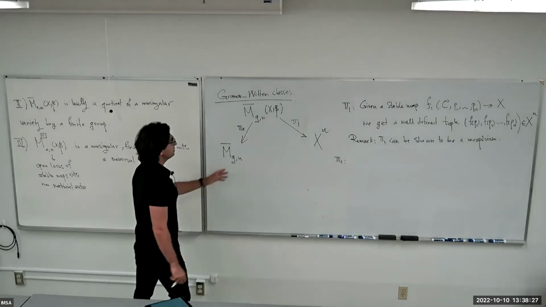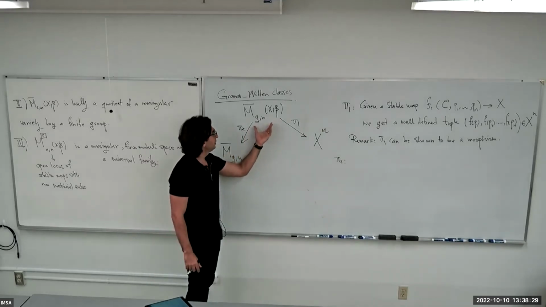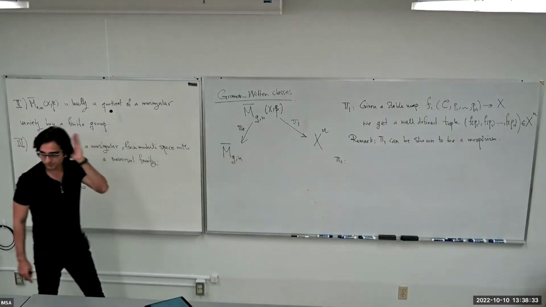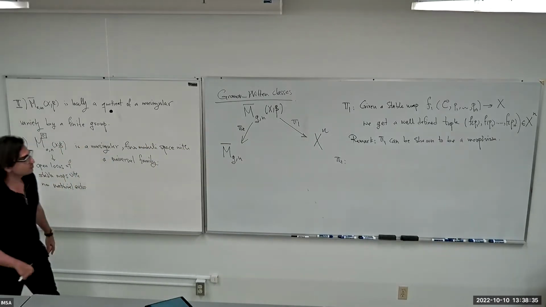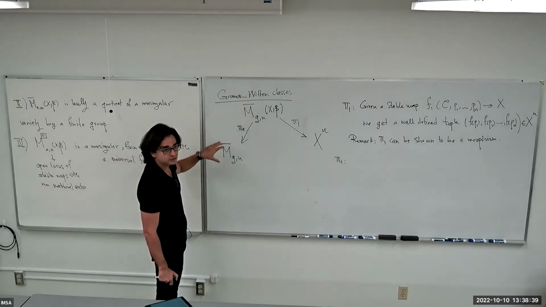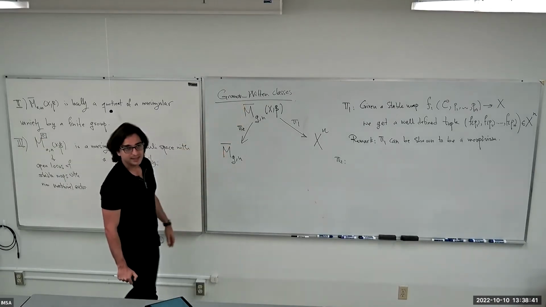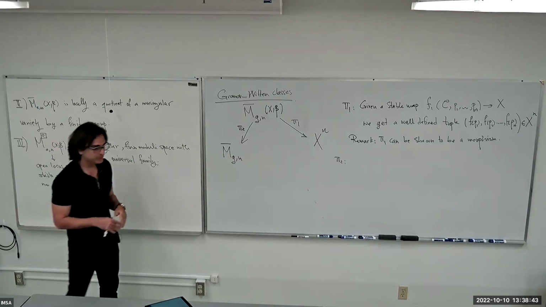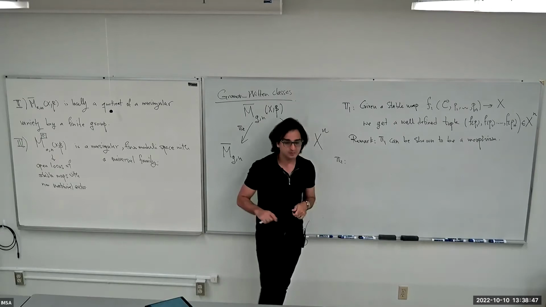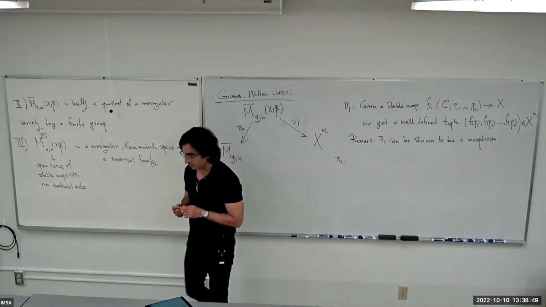As long as this thing is in the interior and is smooth, you just forget the map and there's no problem. But on the very boundary, you're looking at the interaction between stable maps versus stable curves. It is possible to have a stable map. We discussed what a stable map is. You have a curve with n markings.